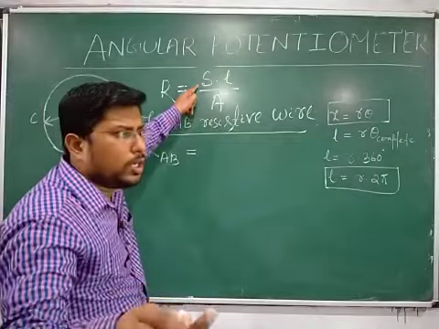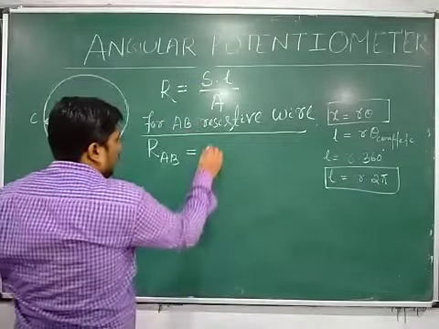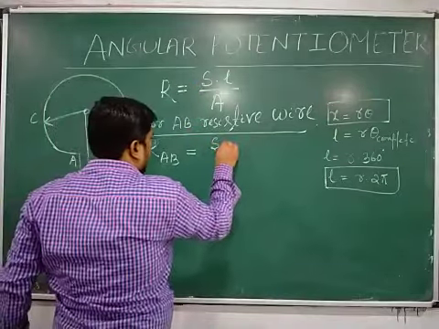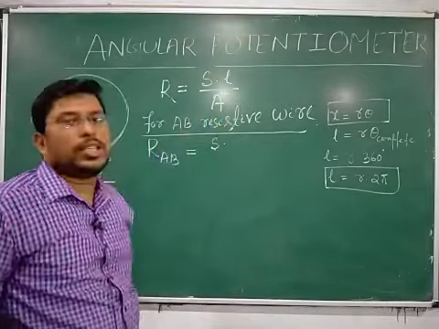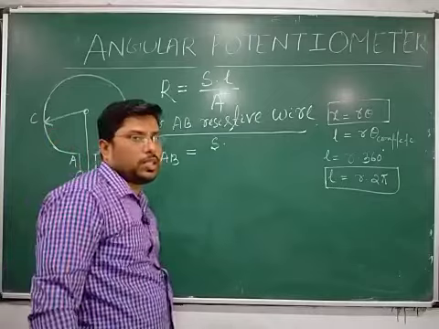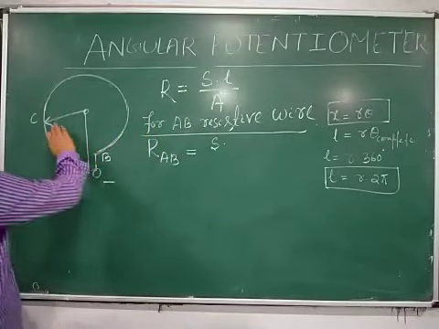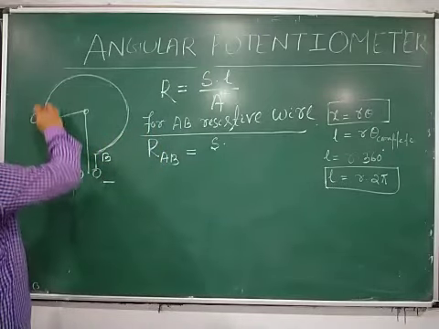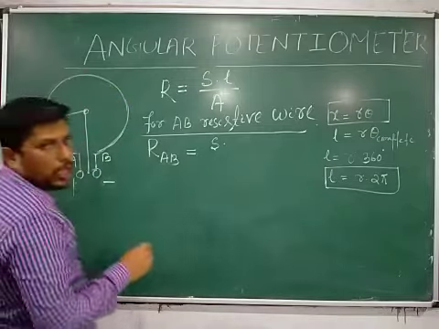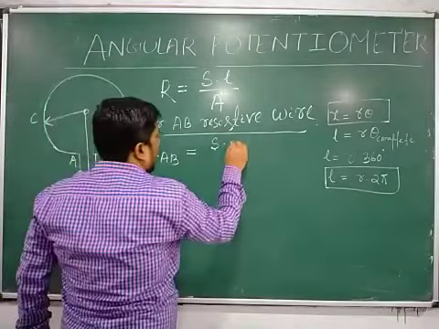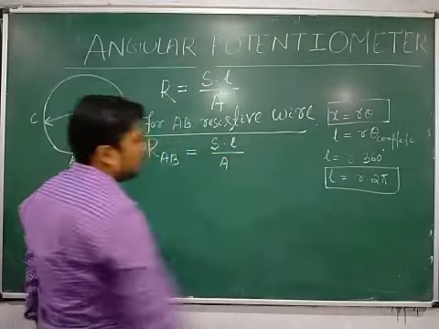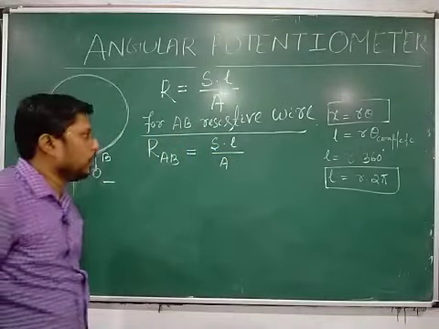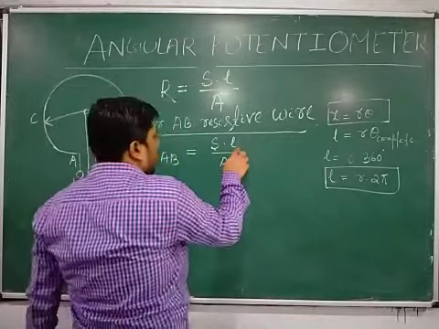S will not change, it is the material property, S into L. What is L? It is the length of the resistive wire. When the wiper has not touched, what will the length be? Total, this one, so it will be L divided by A. Okay? Now what is the value of L?